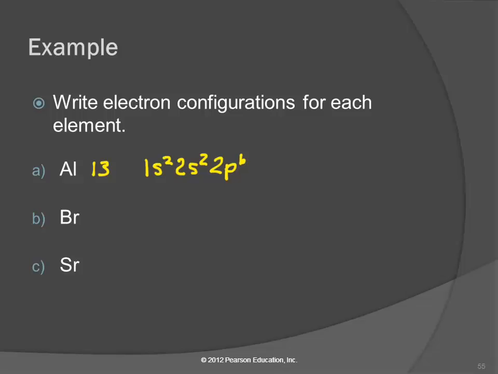We need 3 more. After 2p comes 3s, and we can put 2 electrons in there. Now we're at 12. And then we need to go into the next level, which is 3p, and that's going to have 1 electron. When you're first doing this, it probably helps to look at that table with the lines and the energy levels and just fill from the lowest and go up.